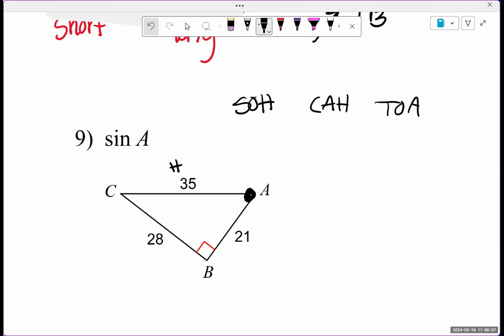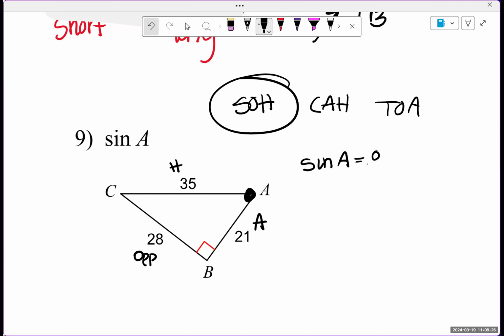Adjacent leg, the one you can touch. Adjacent leg. I throw my eraser, it hits the opposite wall. According to SOHCAHTOA, sine of angle A is opposite over hypotenuse. So what is the ratio?